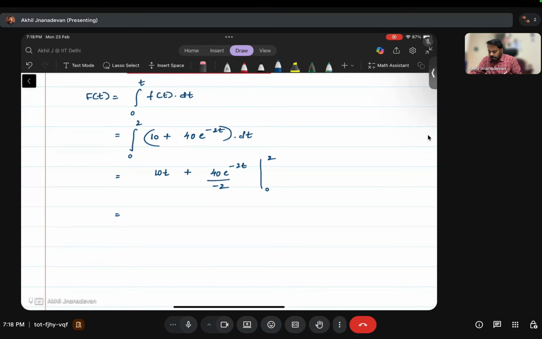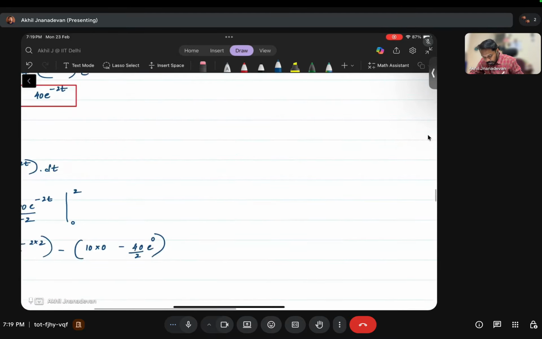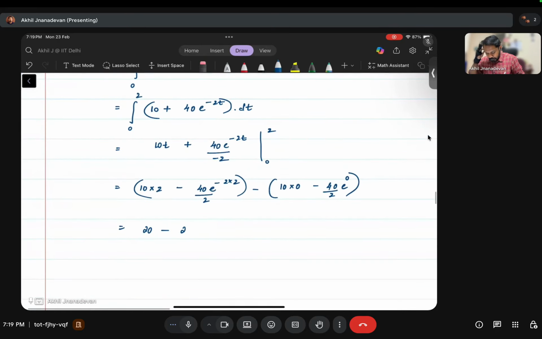Applying the limits: 10 into 2 minus 40 by 2 e raised to minus 2 into 2, minus, 10 into 0 minus 40 by 2 e raised to 0. So this will be 20 minus 20 e power minus 4, minus 0 minus 20.